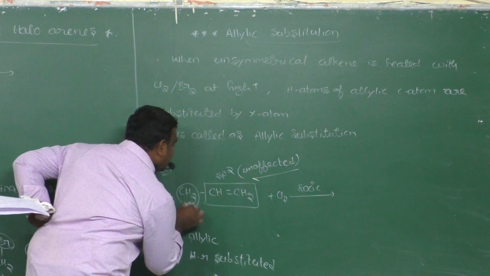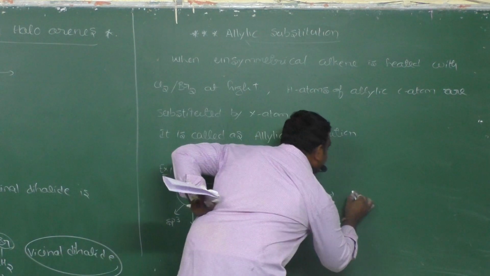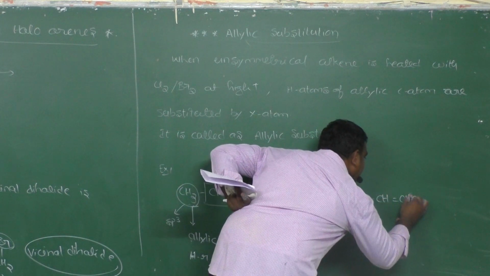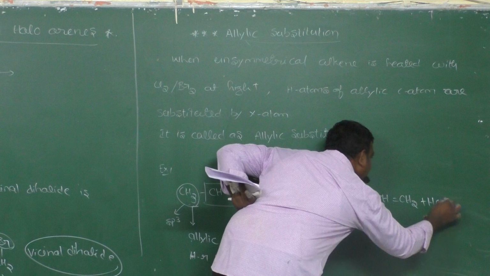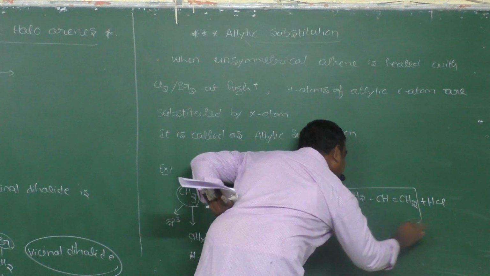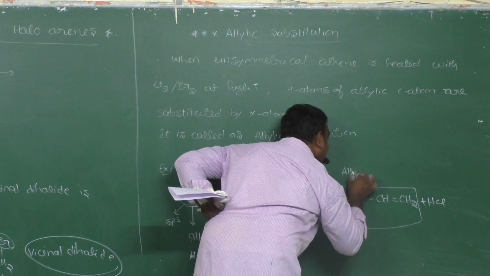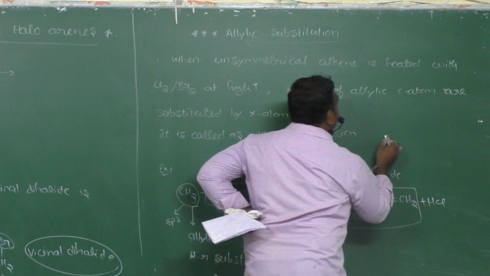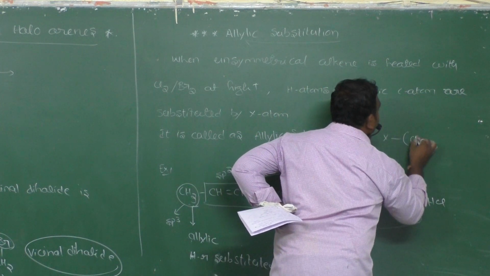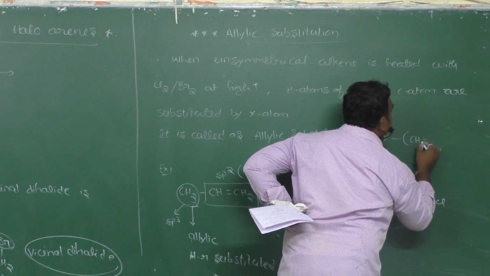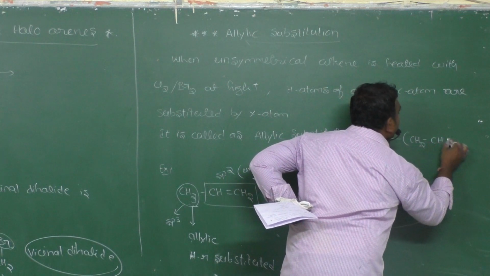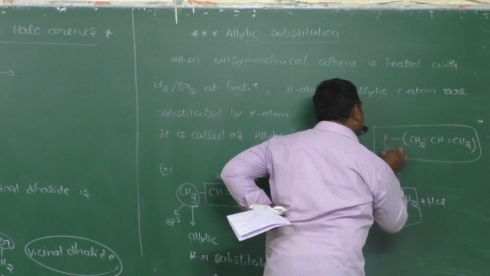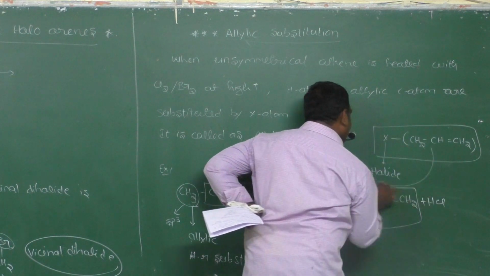Then this hydrogen is replaced by a halogen atom. This is called an allylic halide, because here the halogen atom is attached to the allylic group.